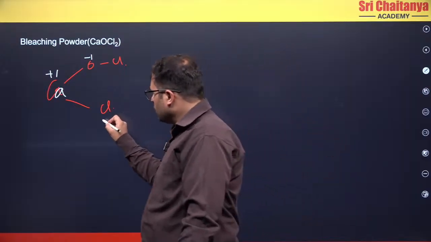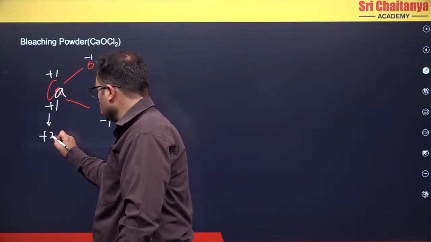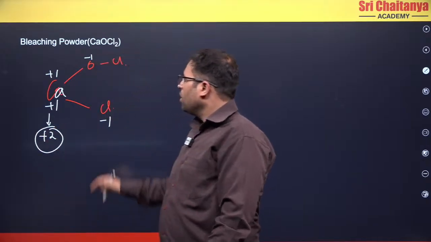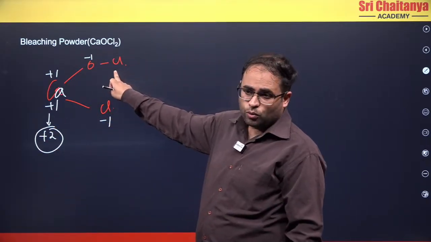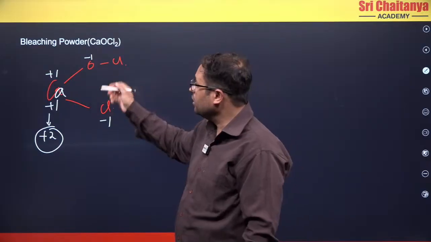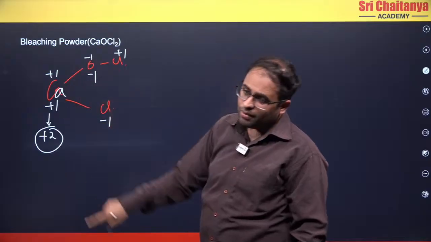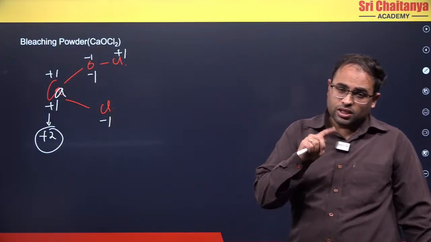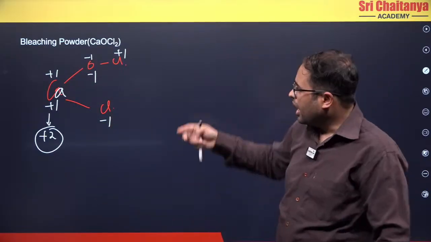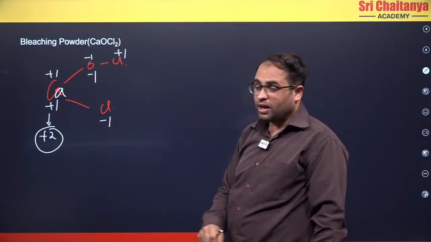Chlorine. So chlorine will get -1, calcium will get +1. Total oxidation state here will be +2. Now, out of oxygen and chlorine, which is more electronegative? Oxygen is more electronegative. So +1. So see here, in the same compound, the same atom has two different oxidation states. One chlorine has +1, the other one has -1.